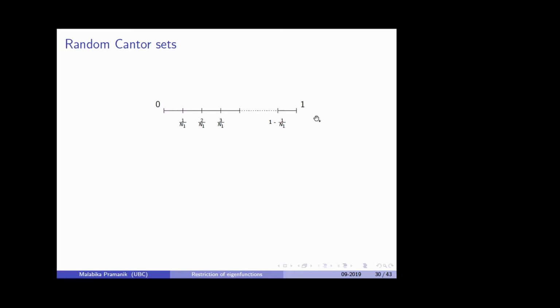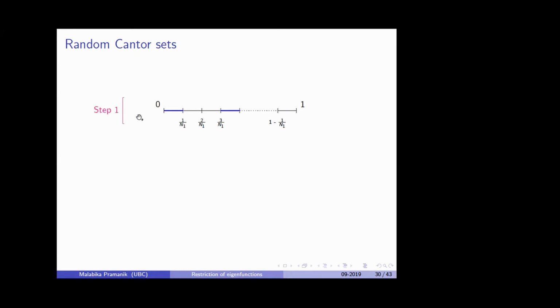You decompose this interval into capital N1 equal pieces. For each resulting subinterval, you flip a coin with a certain success probability P1 of landing heads. If the coin falls heads, we keep that subinterval, otherwise we discard it.